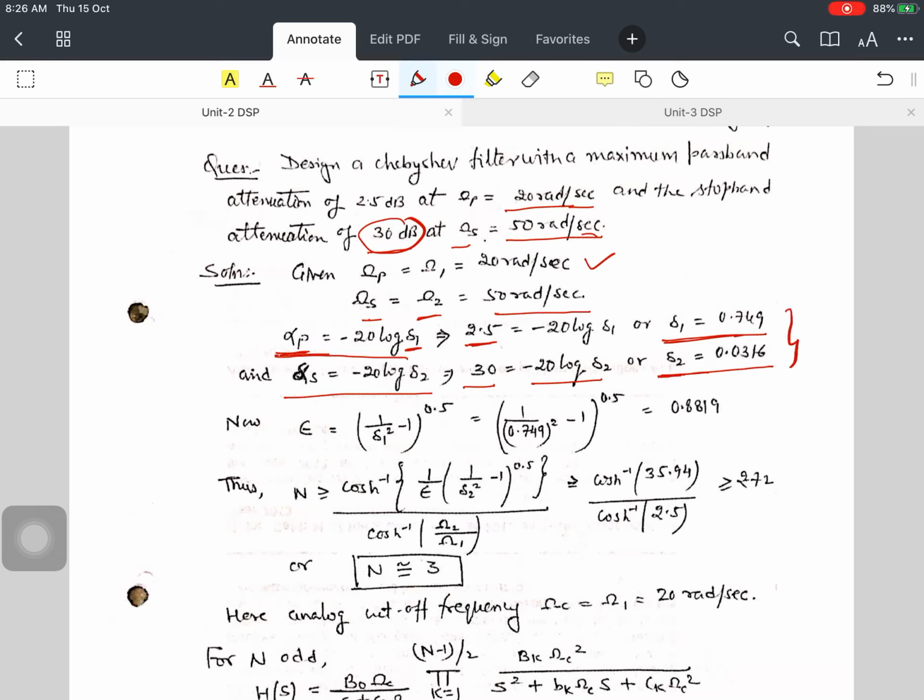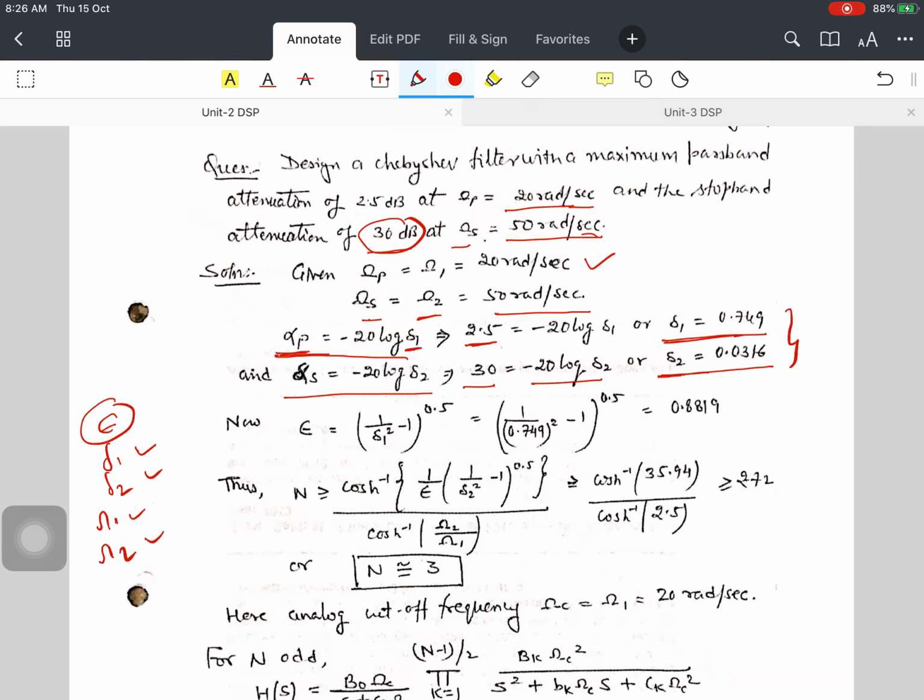Now if you see the formula of the order of the filter, you require the data epsilon, del 1, del 2, and omega 1 and omega 2. So del 1, del 2 are known, omega 1, omega 2 are known. Now the unknown parameter is epsilon.